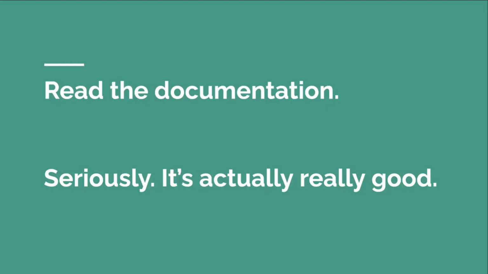So, last bit of advice before I get started in Unity: read the documentation. Seriously, the Unity documentation is actually really good and has a lot of tutorials on it.